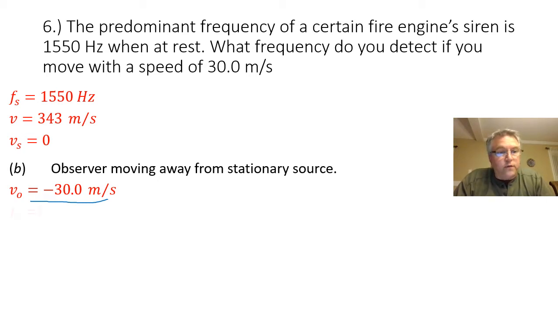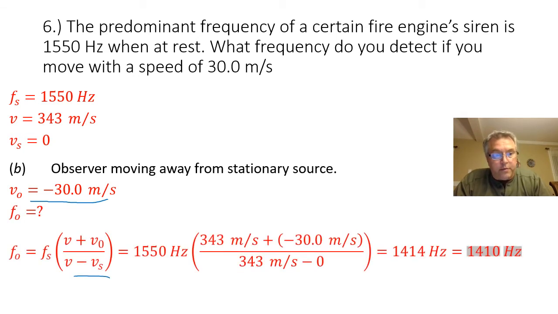We are still looking for the frequency of the observer, and we are still using our Doppler formula as we did before. We're going to plug everything in the same way, but now we do have to plug in a negative velocity for the velocity of the observer. Everything else remains the same.